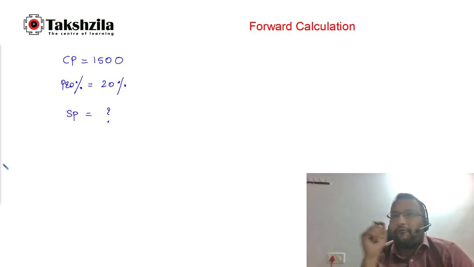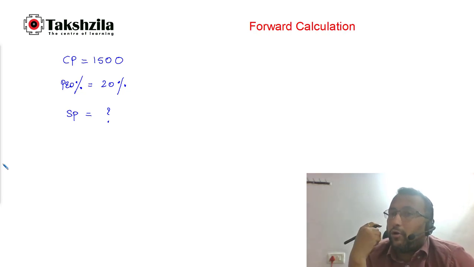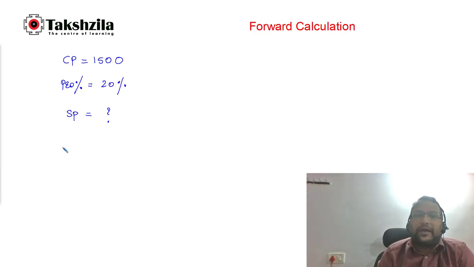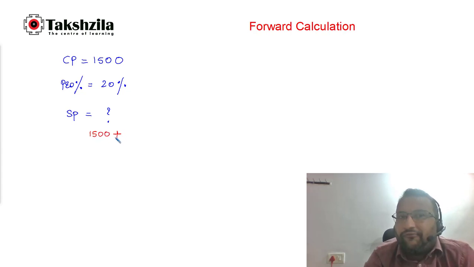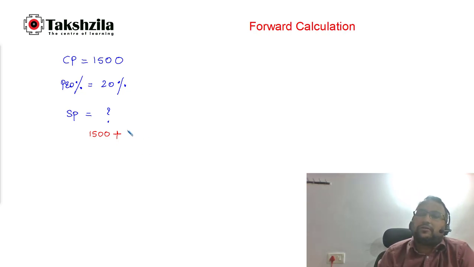So over here, the profit percentage is always applicable on cost price. So selling price is going to be 1500, the cost price, plus 20% of 1500, which is 300. That is nothing but 1800, the selling price over here.